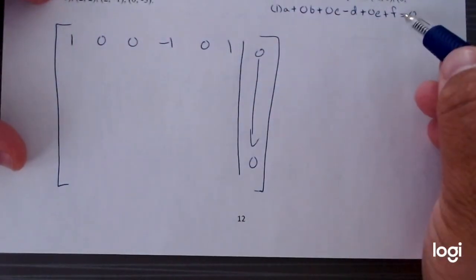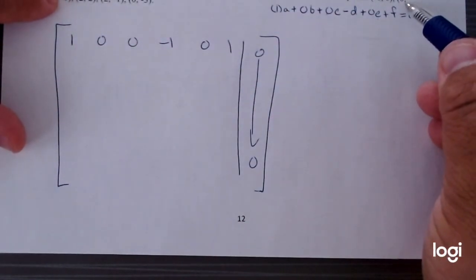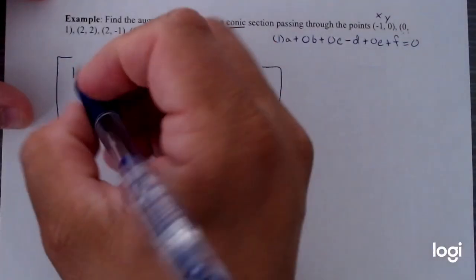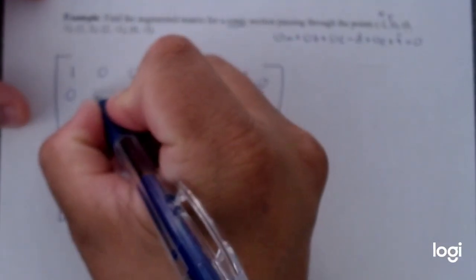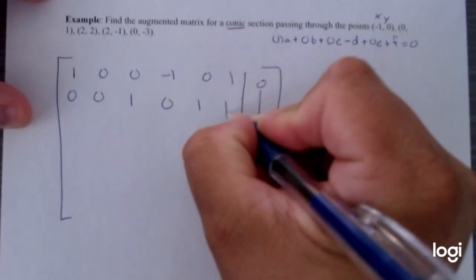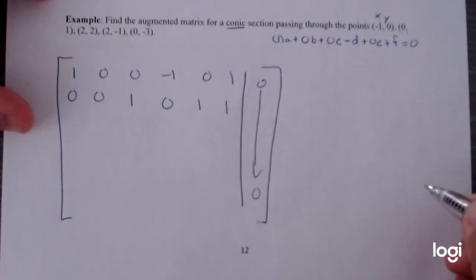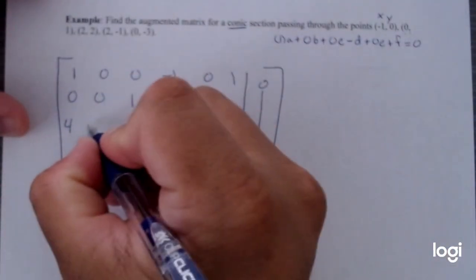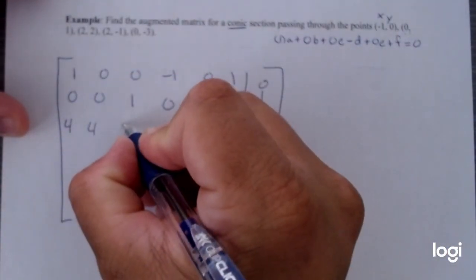So again, if you plug in now 0, comma 1, so x is 0 and y is 1, you will get this out. Now if you plug in 2, 2, things drastically change. Now we have multiple coefficients.